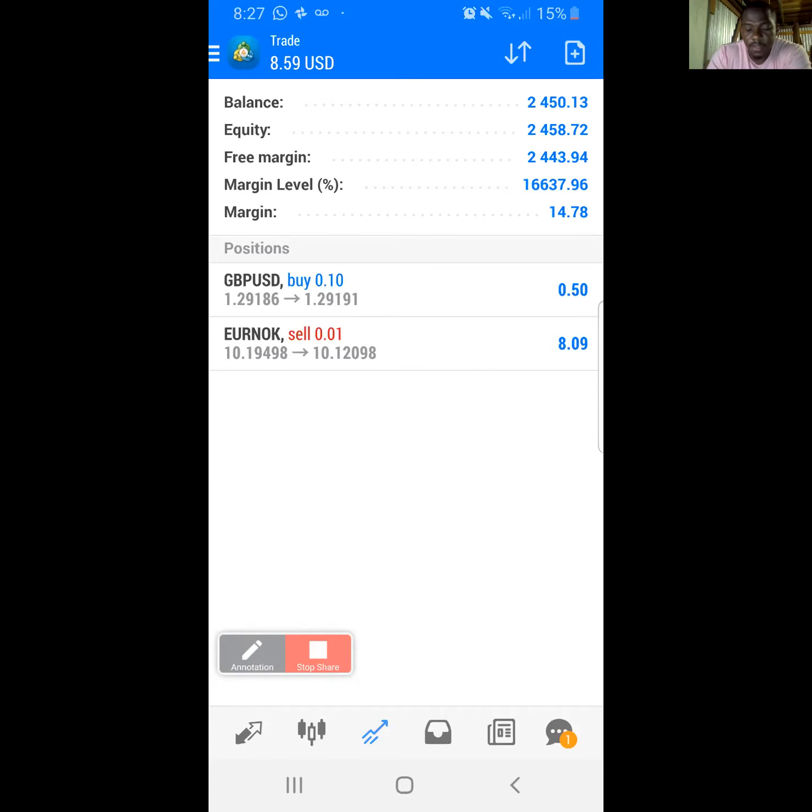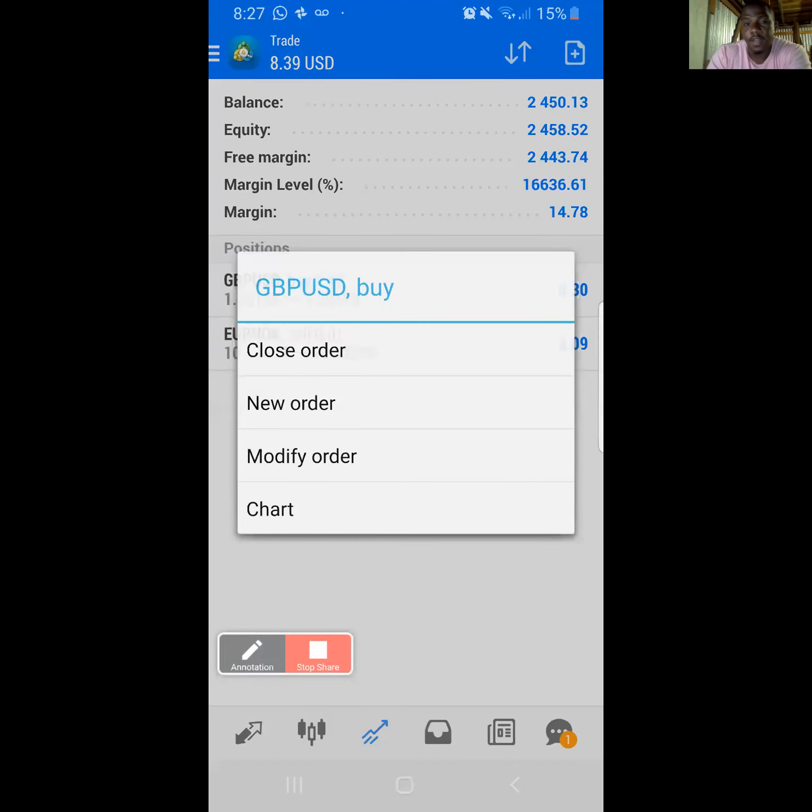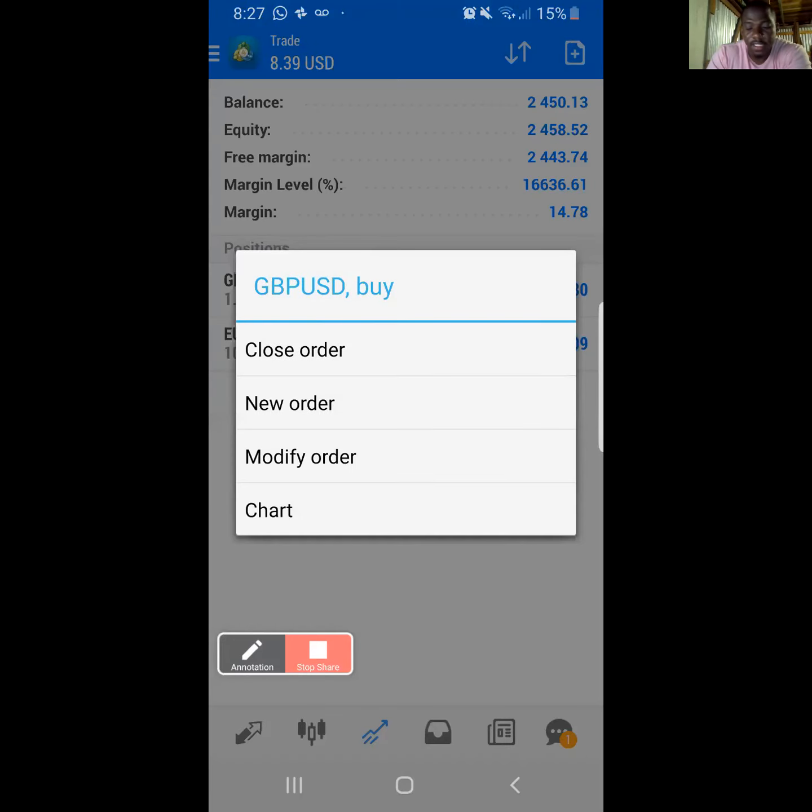I will just have a smaller position running. So instead of closing the trade and opening a new trade, you could take some of your profits, move your stop loss above your entry into profits, and leave the rest of the trade to run to TP2 or a higher TP if you wanted to.